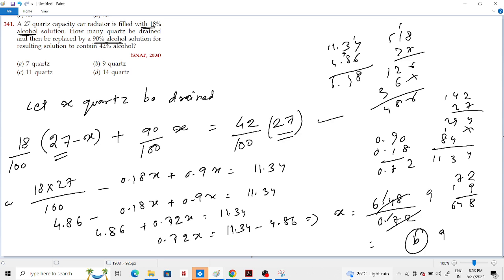Sir, my answer is not coming. Yeah, you can check it from here. I've done the calculation in detail. Maybe you have made some calculation mistake because this particular sum is a little calculation intensive.